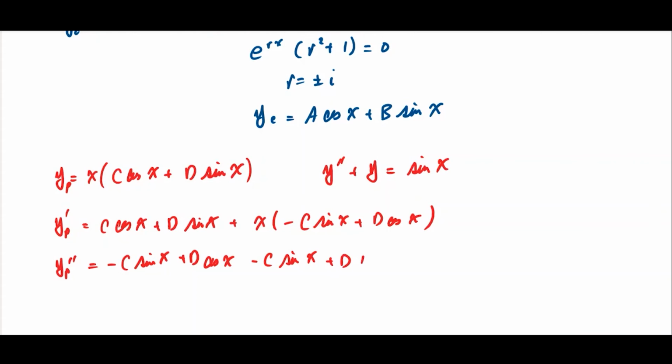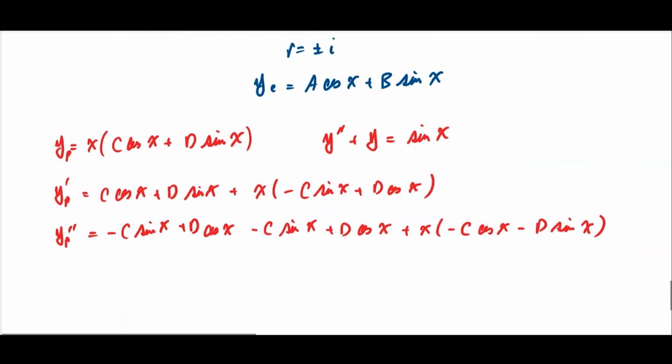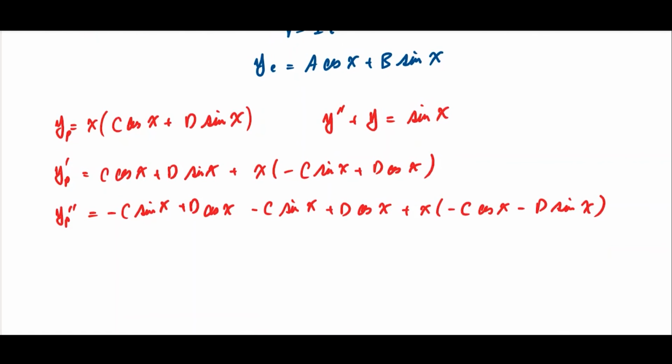Plus d cosine x for the derivative of the first part. Now the second part is plus x, and then we have negative c cosine x minus d cosine x. How's that? Good. Now we plug it into this equation right here.